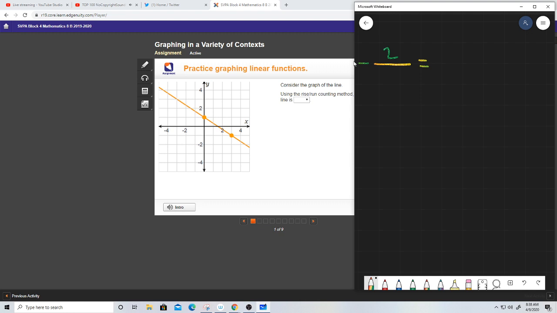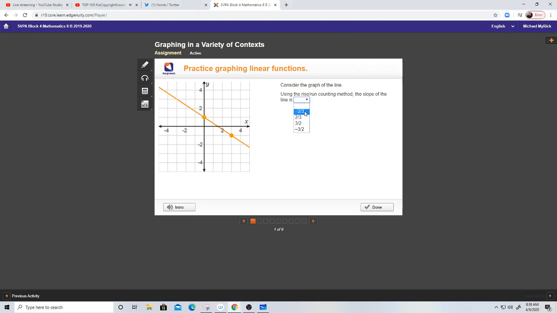Now from here where we left off, I'm just gonna go to here, but count. Right 1, right 2, right 3. So I went right 3. Negative 2/3, negative 2/3. It matches up. Booyah!